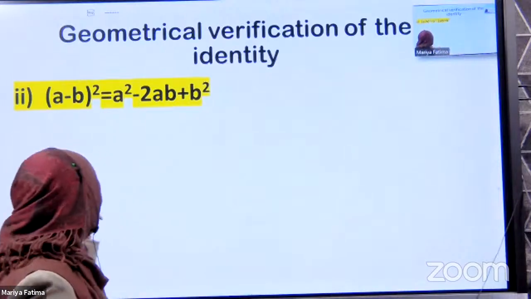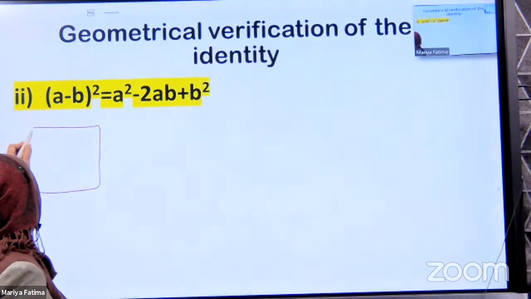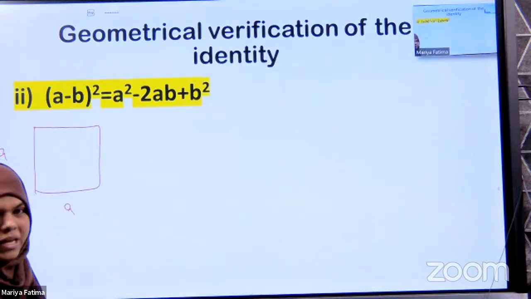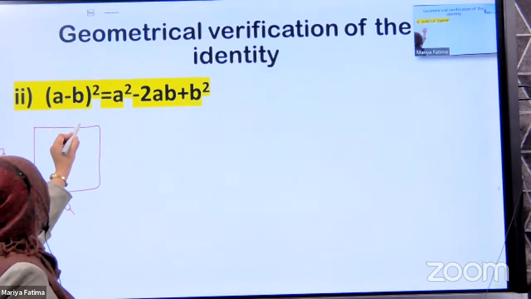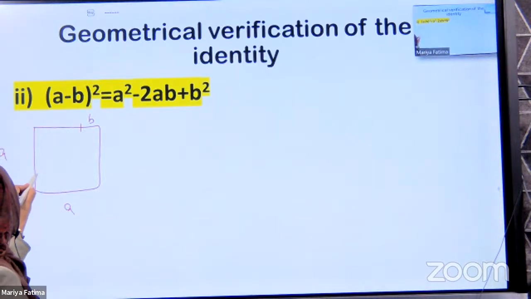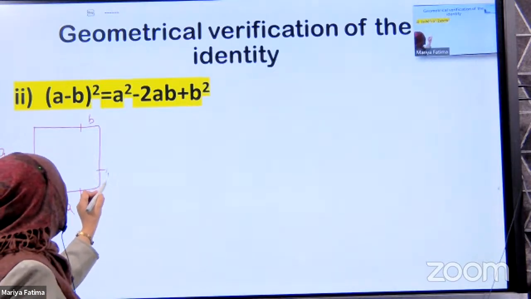Now we are going to see a minus b whole square. Suppose we have a square of side a and this side also will be a. Okay. I am taking this much part as b. Obviously this much also will be b, and this much also will be b, and this much also will be b.